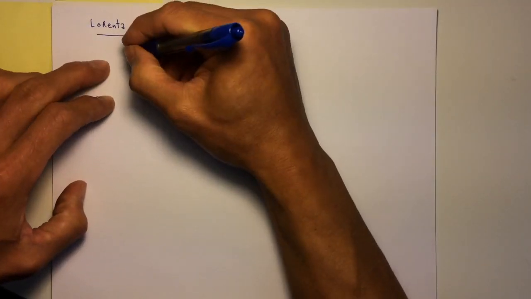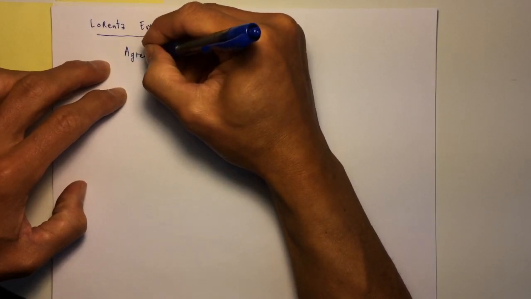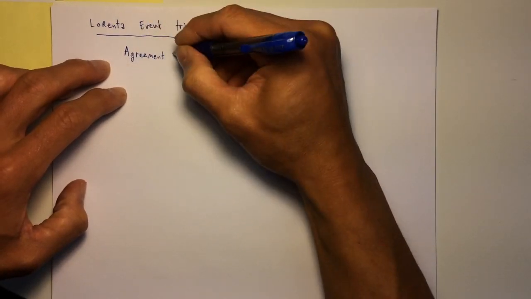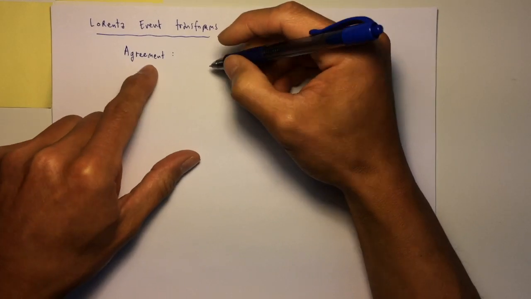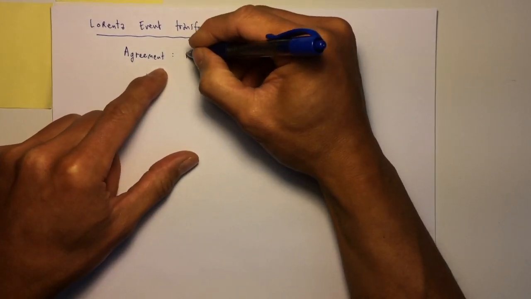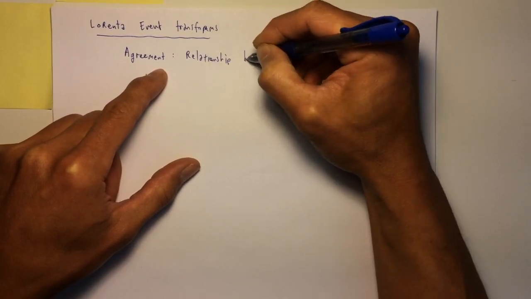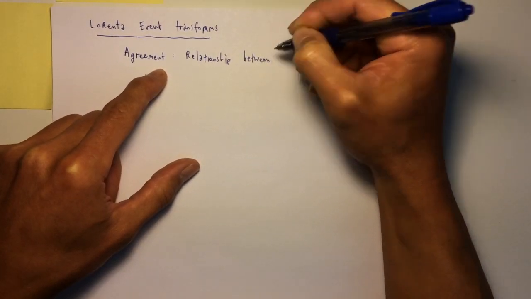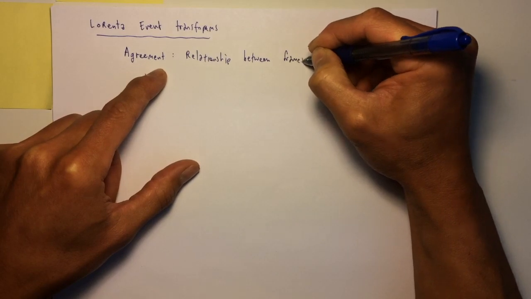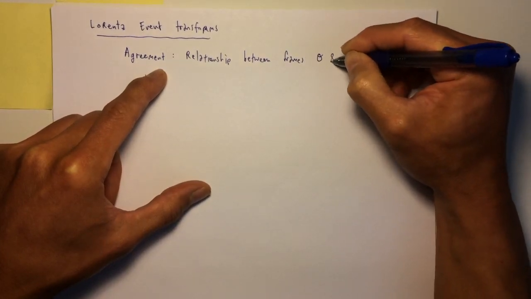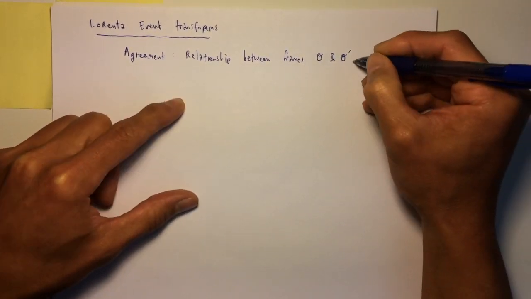So we have to have first an agreement. And the agreement is about the relationship between frames O and O prime.